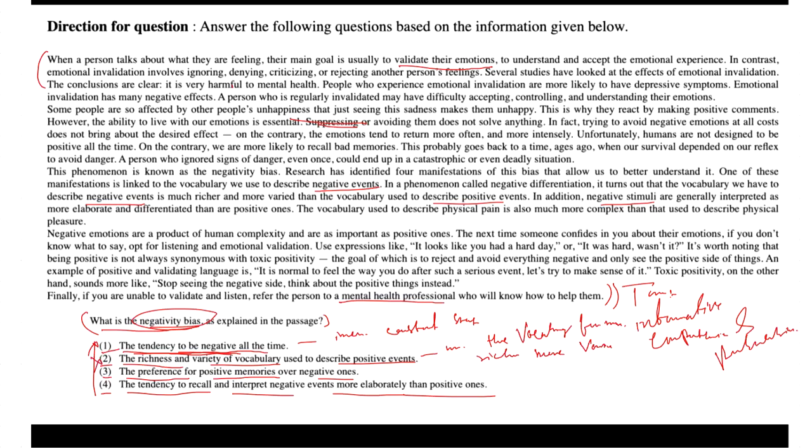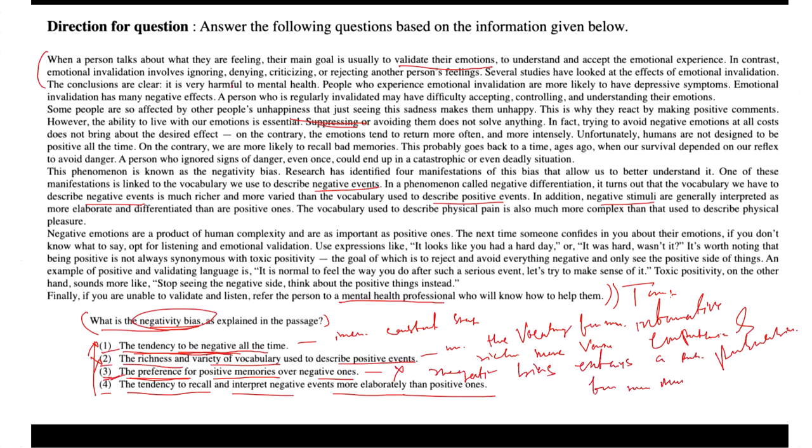Option 3 stated the preference for positive memories over negative ones. This one is also not correct, because negative bias entails a preference for negative memories, not positive ones.